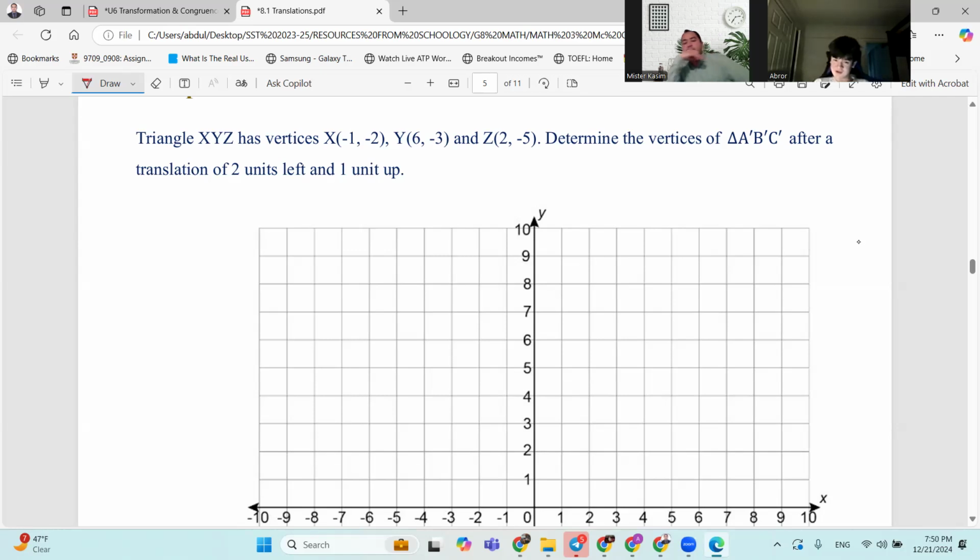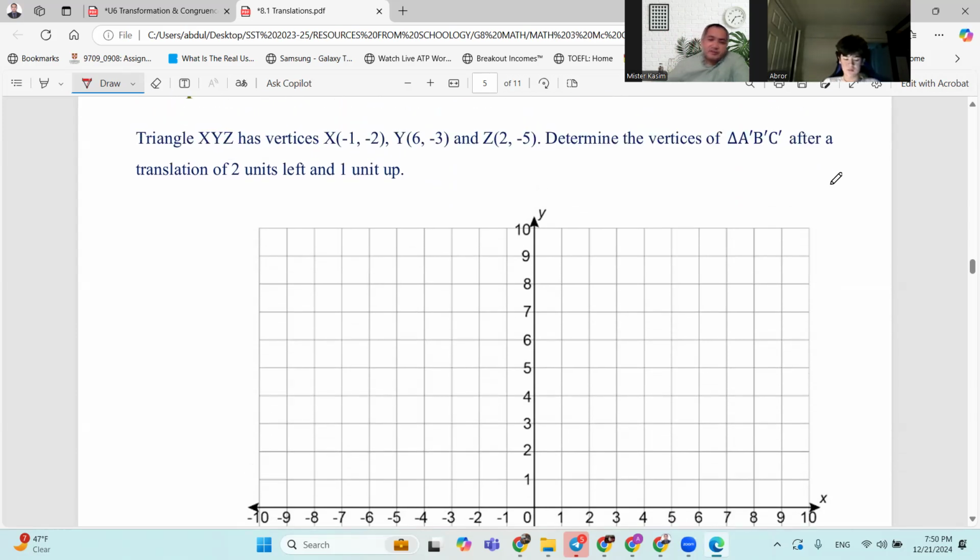Determine the vertices of A prime, B prime, C prime after a translation of 2 units left and 1 unit up. Okay, that's why you need to practice this representation. A lot of students, they can do that, but they don't know how to express it. Determine the vertices of triangle A prime, B prime, C prime.